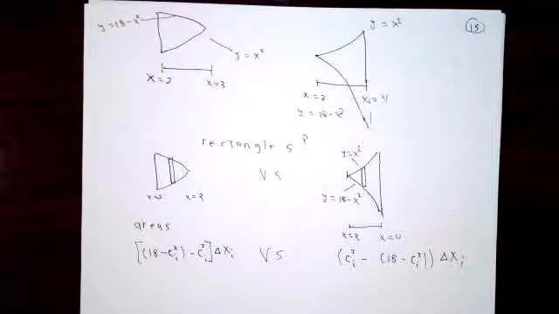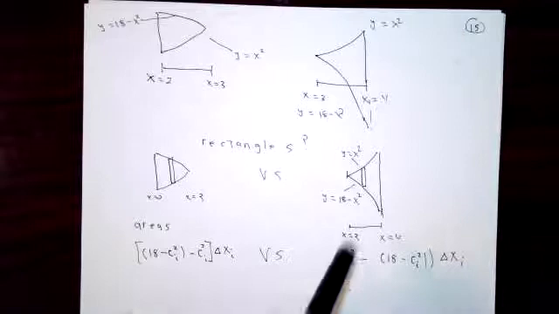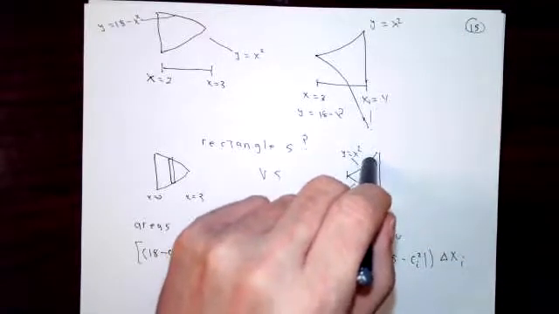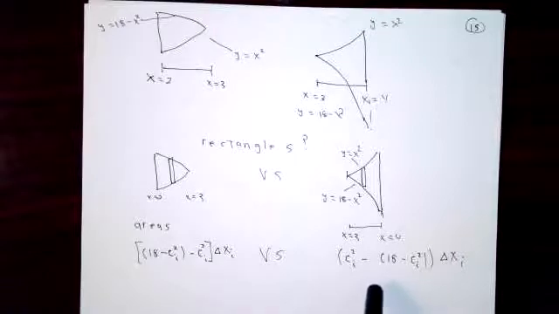On the other hand, between x equal 3 and x equal 4, y equal x squared is bigger than 18 minus x squared. Pick a representative c number within one of the subintervals that lies between x equal 3 and 4. The area is delta x as the horizontal width, and the up and down is the big y coordinate, ci squared, minus 18 minus ci squared, which is the small y coordinate.